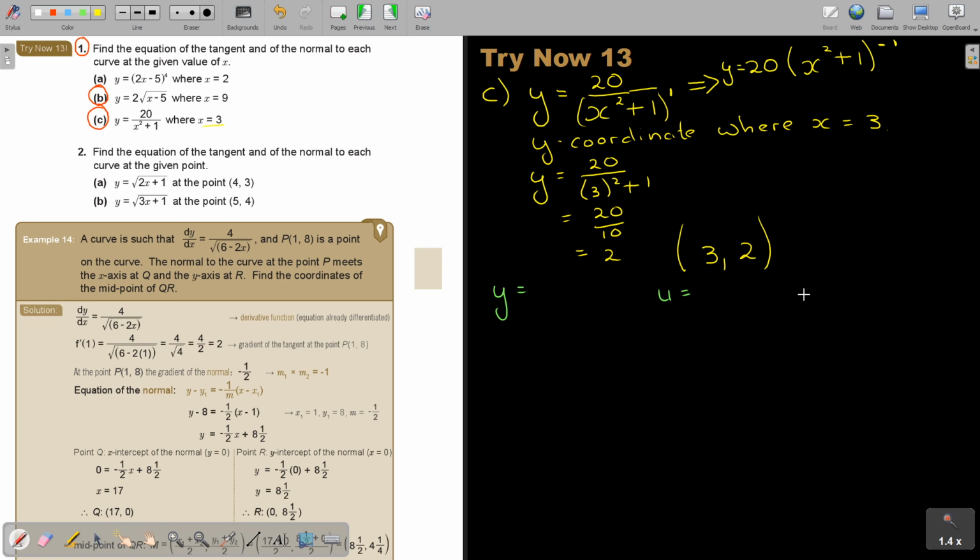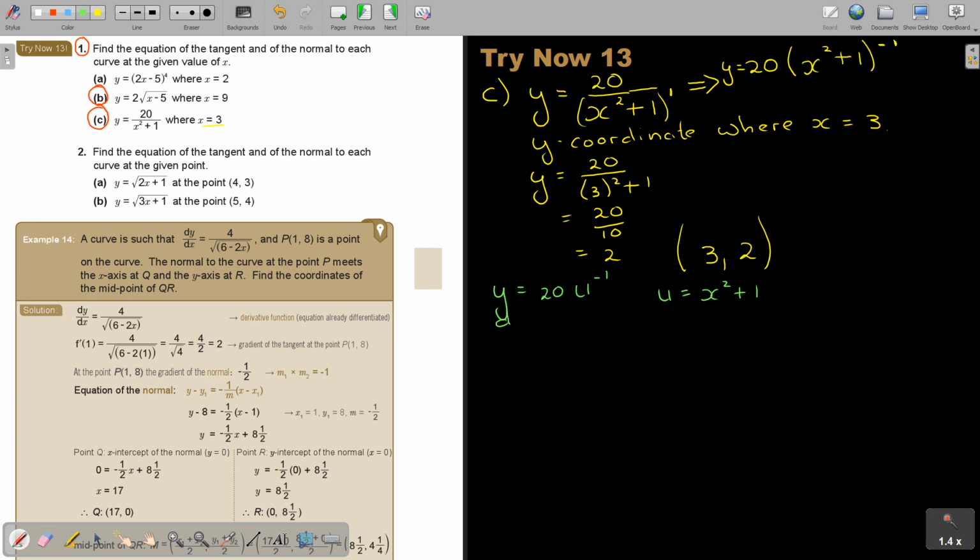And then I can go into my chain rule. Because then I can see u is the bracket. And what is the bracket? The bracket will be x squared plus 1, and y will be equal to 20 u to the power of negative 1.